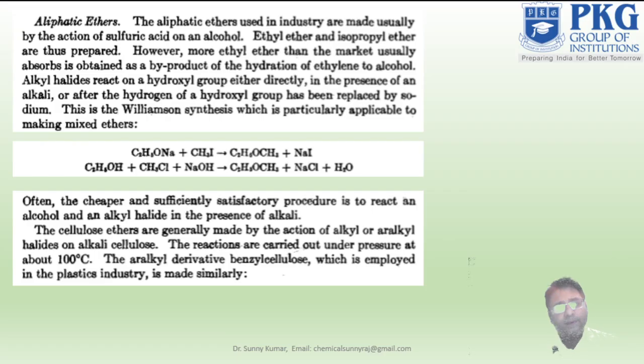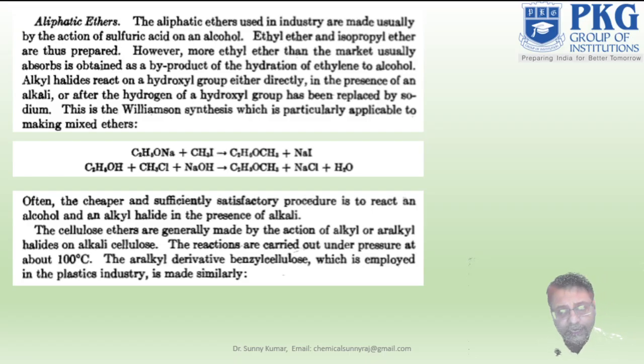Often the cheaper and satisfactory procedure is to react an alcohol and alkyl halides in the presence of alkali. The cellulose ethers are generally made by the action of alkyl halides on alkali cellulose.